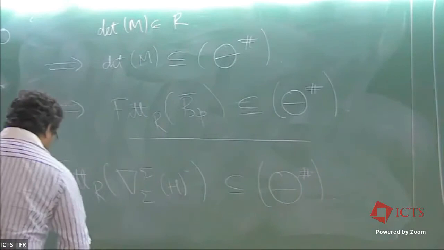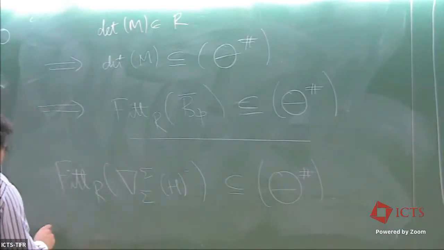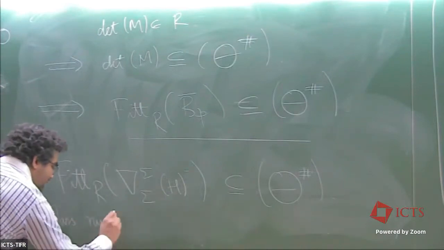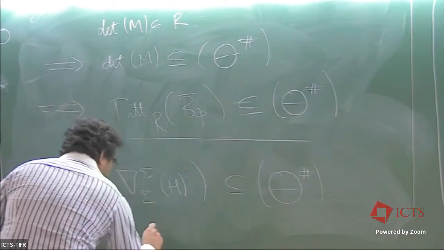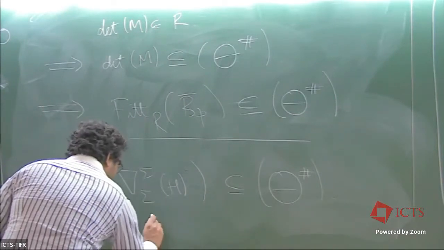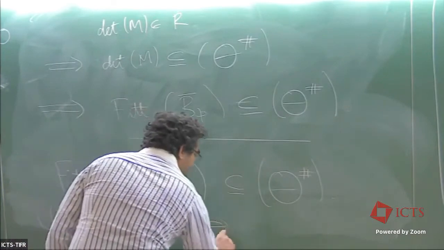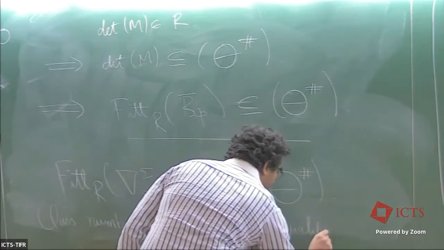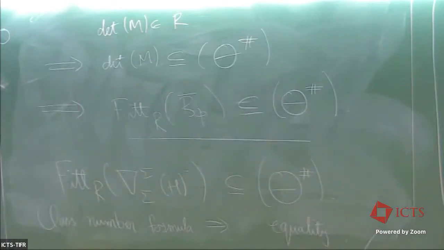And then, as Samit pointed out, you use the class number formula to get equality. This part is standard in Iwasawa theory now. The class number formula implies the equality. And so I'll stop here.